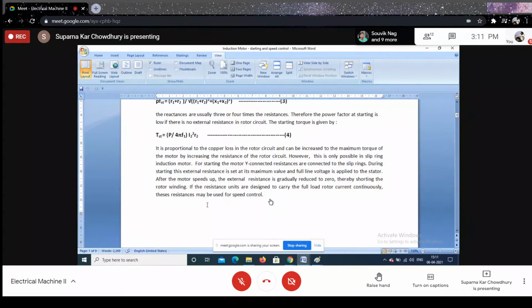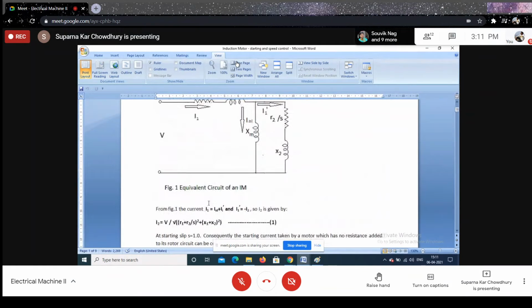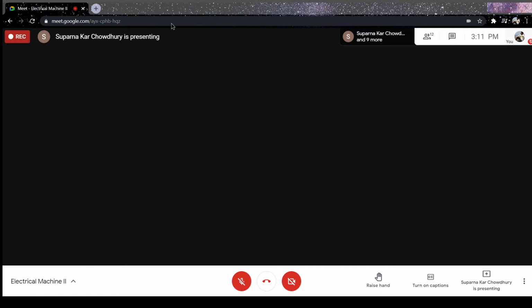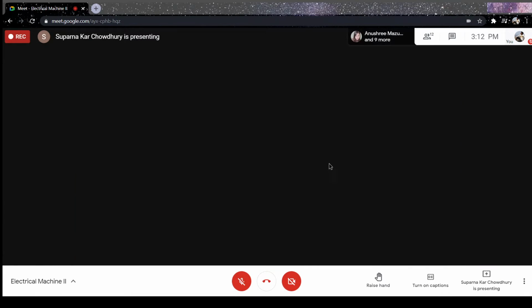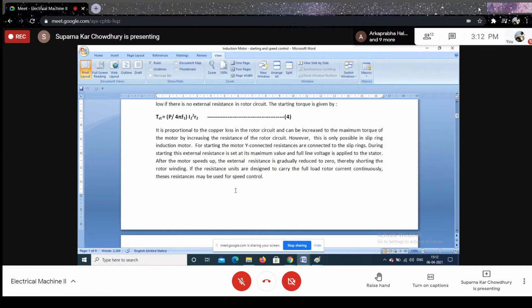If we neglect this branch, or shift this parallel branch to the input side, then in the approximate circuit it is seen that the torque is approximately proportional to the copper loss I2 square R2 in the rotor circuit, and can be increased to the maximum torque of the motor by increasing the resistance of the rotor circuit, that we have seen earlier while deriving the torque expression.